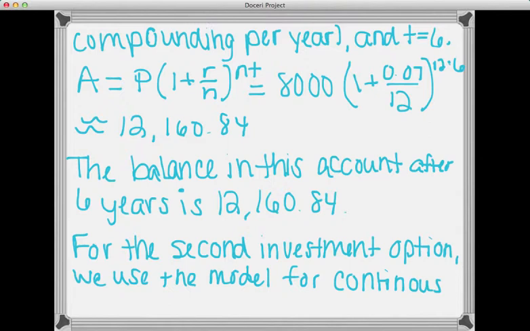So we're just plugging in numbers: for r we put 0.07, n is 12, and again n is 12 in the power, and t is 6. When you do that, you approximately get 12,168.84. The balance in this account after 6 years is $12,168.84.